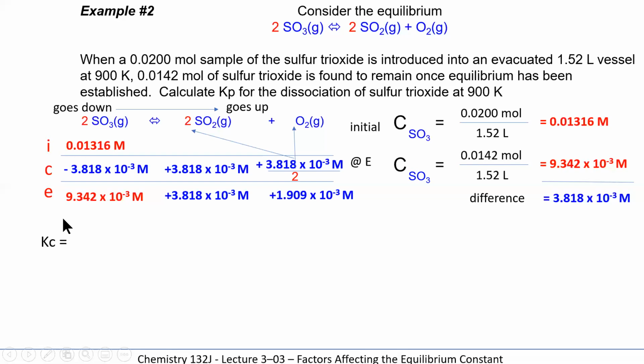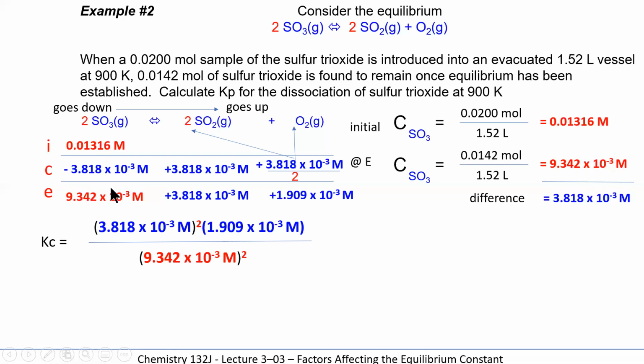The equilibrium constant using concentrations will equal the quantity of SO2 squared times the quantity of O2 divided by the quantity of SO3 squared. So we arrive at a value of about 3.2 times 10 to the minus 4 moles per liter.